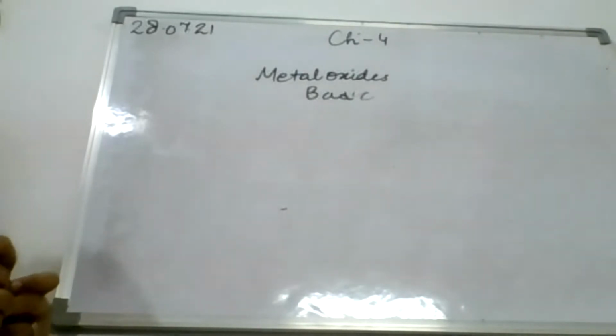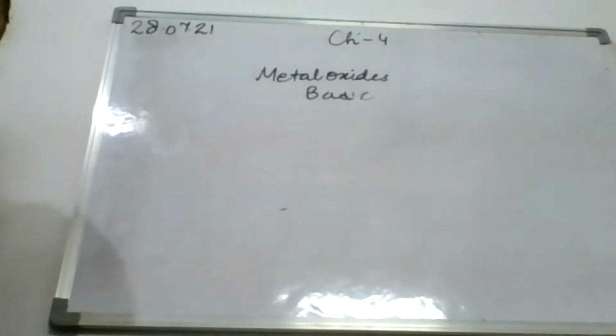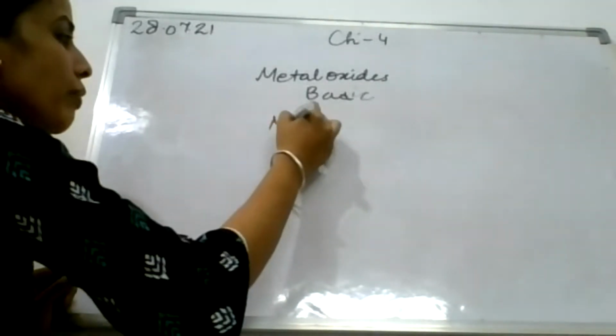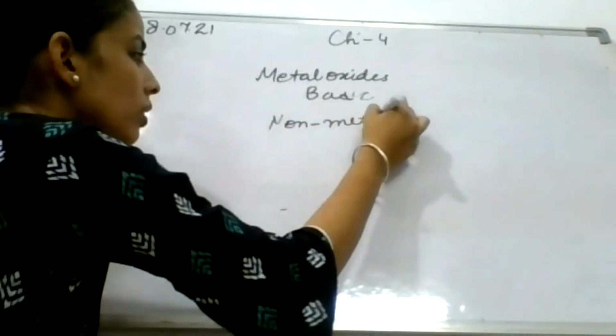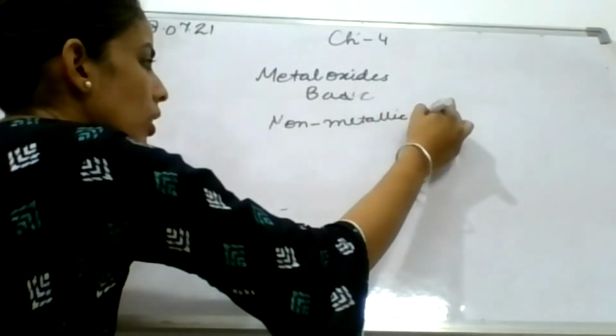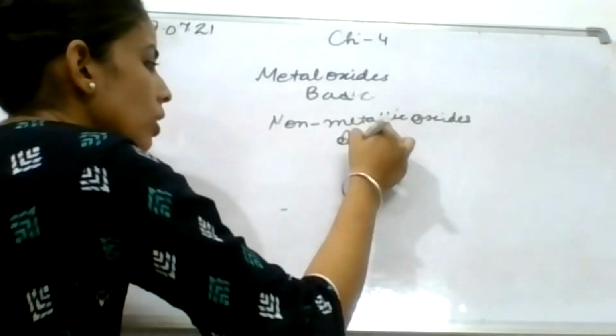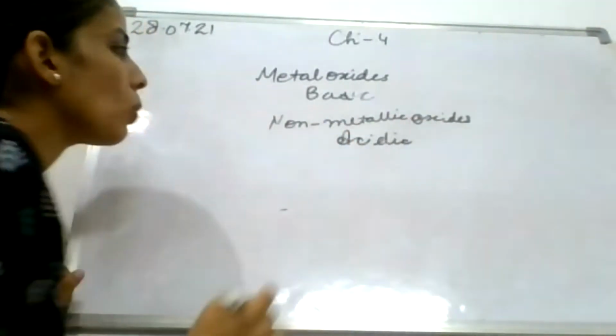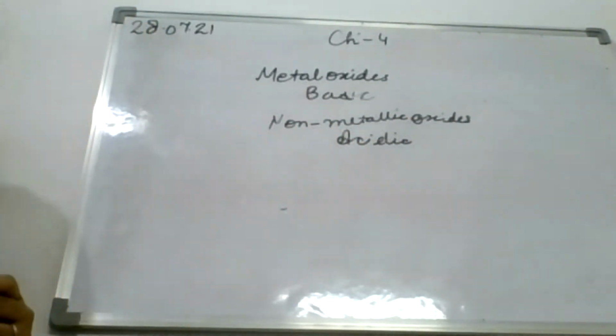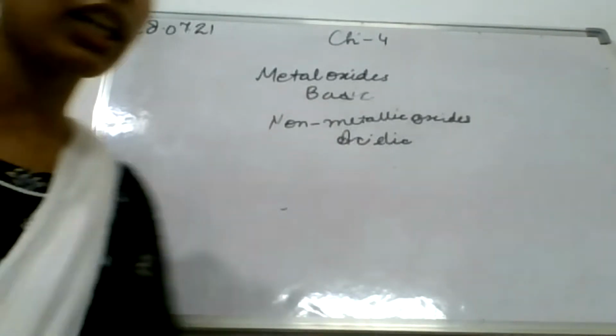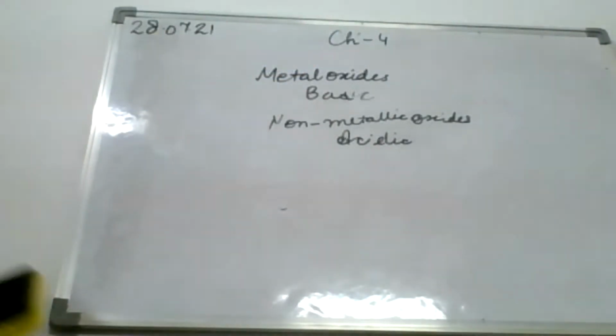Whereas non-metals react with oxygen to give non-metallic oxides that are acidic in nature, and they convert blue litmus to red. So we have done the example of magnesium and iron for the metals.